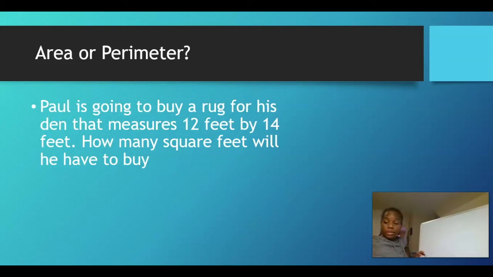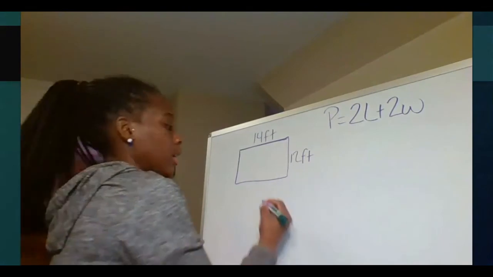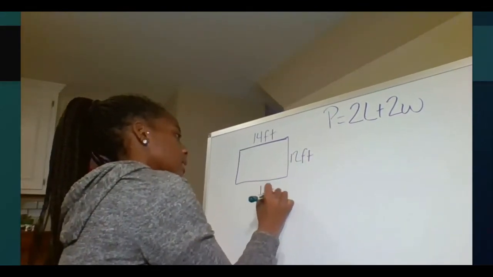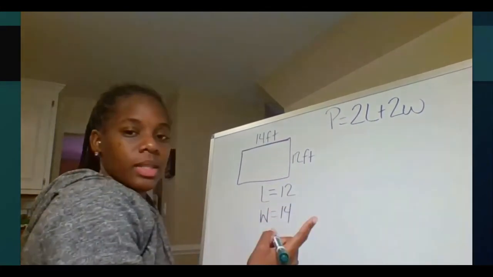So again, we don't have an image, so you always draw your image out just so you can have a visual. And then it says 12 feet by 14 feet. And then we're using the formula P is equal to 2L plus 2W. We go ahead and we substitute, you can write your key. L is equal to 12 and W is equal to 14.